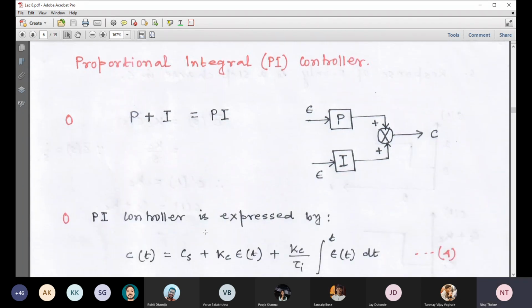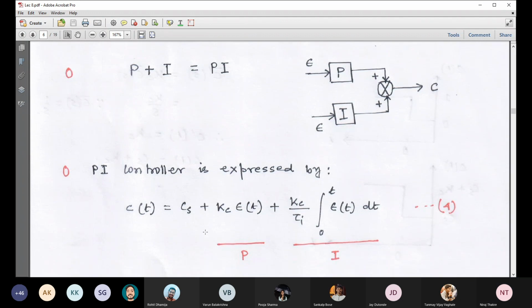Now come to the equation. This is the equation of the PI controller.